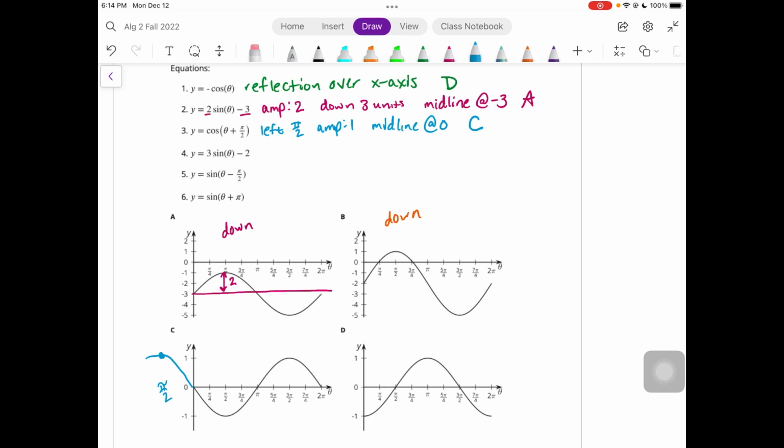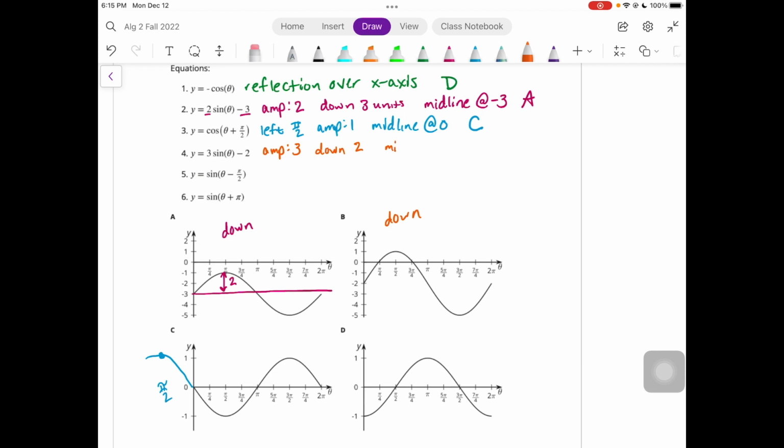All right, and then, let's see. Okay, so number 4, y equals 3 sine of theta minus 2. So again, our amplitude here is 3. We've gone down 2 units.